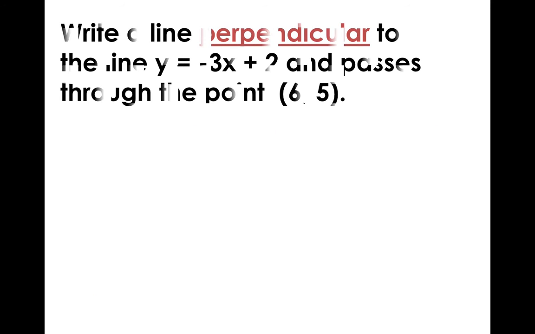Let's look at the next one. Write a line perpendicular to the line y equals -3x plus 2 and passes through the point 6, 5. So when we look at it, we know this is our x and this is our y. Is our equation in slope-intercept form?